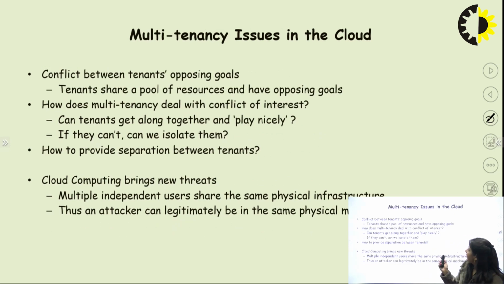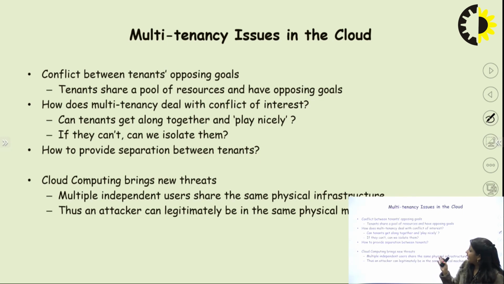How can we balance between trust and risk, as with the Clipper chip? The next issue is the multi-tenancy issue, meaning conflict between tenants' opposing goals. Tenants share a pool of resources and have opposing goals: the resources are the same but are shared by various users, and their goals are different for the purposes for which they take the service. So how does multi-tenancy deal with the conflict of interest?